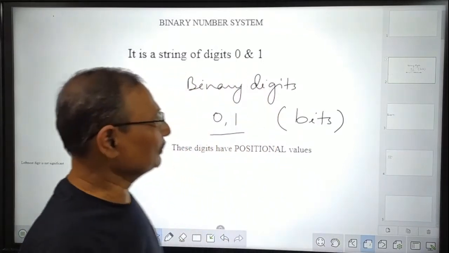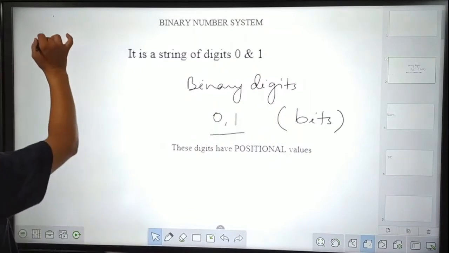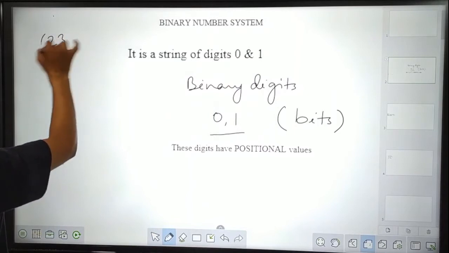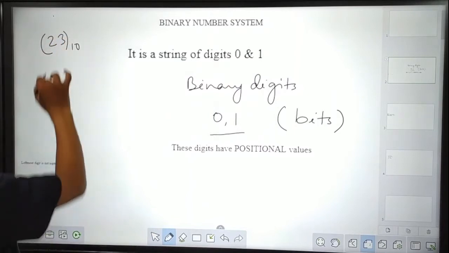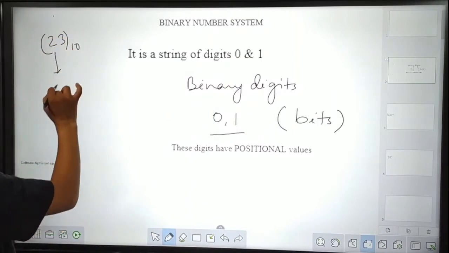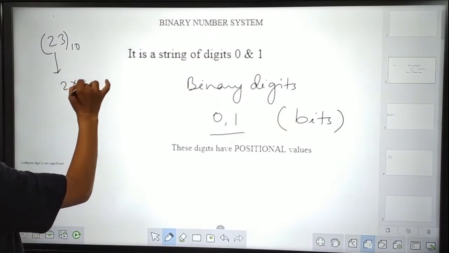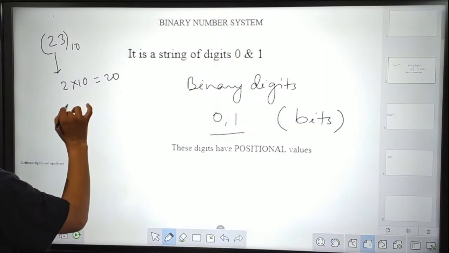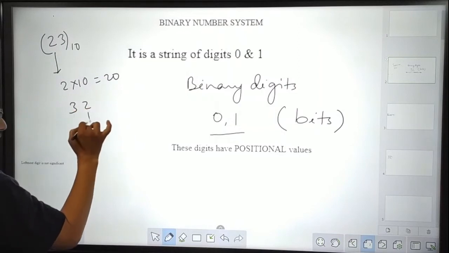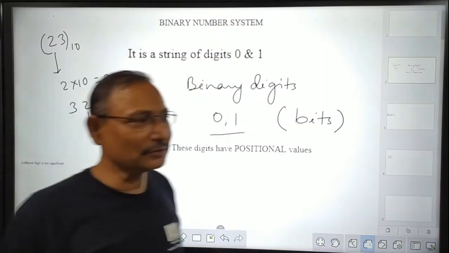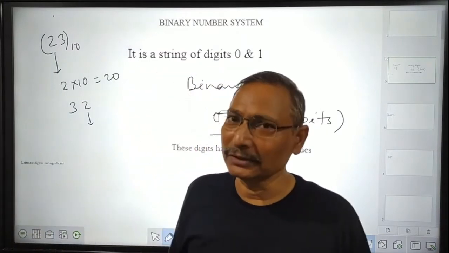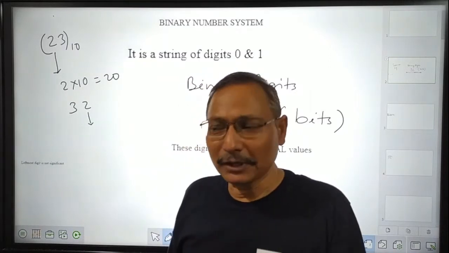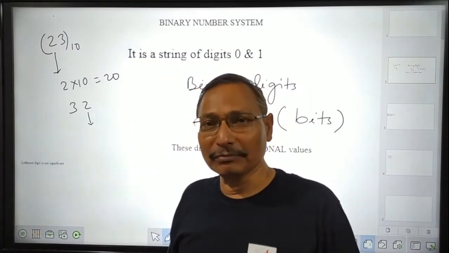For example, if you write 23 in the decimal system, then this 2 has a sense of 2 into 10, that means 20. But if it is written as 32, then the same digit 2 has a positional value of only 2 into 1. The same happens for binary numbers. They also have positional values.